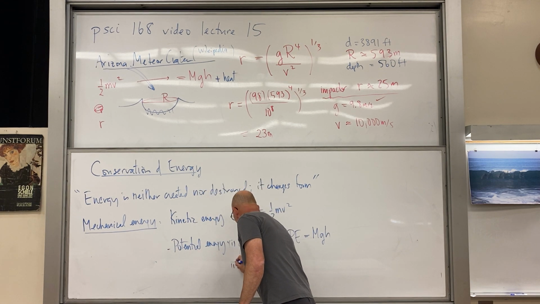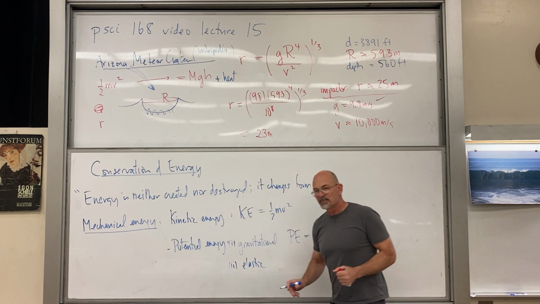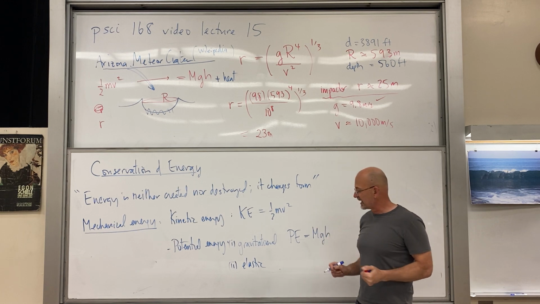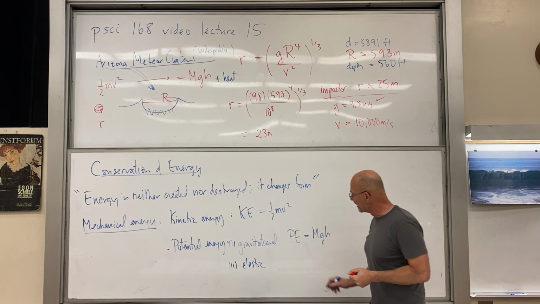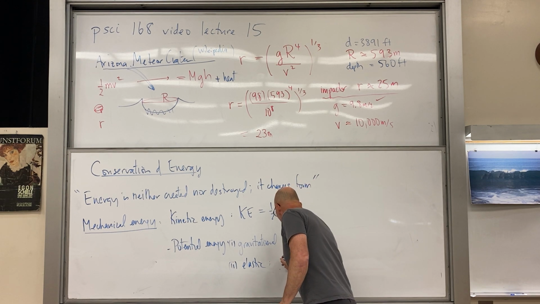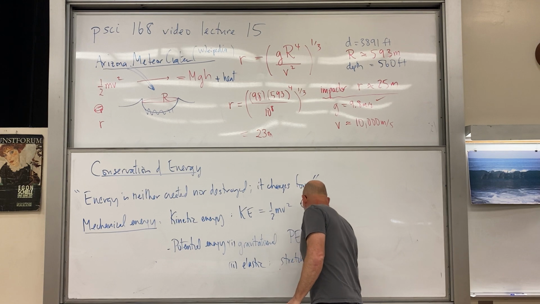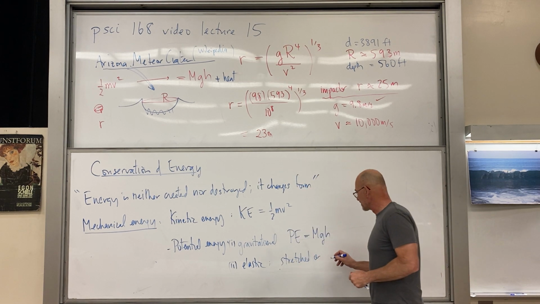Elastic. This is when you stretch a spring, when you compress something, when you twist something and it springs back. Okay. So I'm not going to give us any letters or a formula for it, but things that are stretched or compressed, if they can spring back, then they have elastic potential energy.